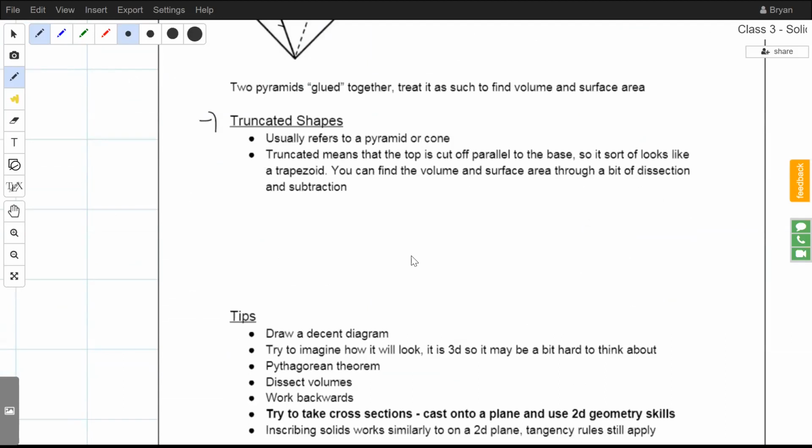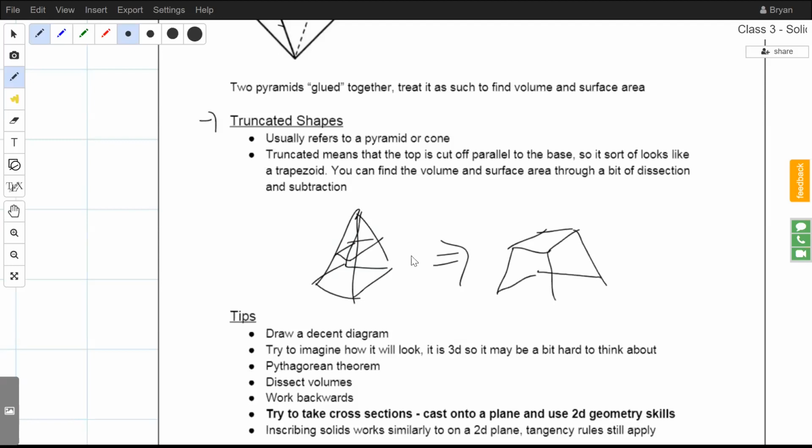For example, a truncated square pyramid, or a rectangular pyramid if you really want, would just be if you cut off this top part right here, so you'll end up with this kind of shape.